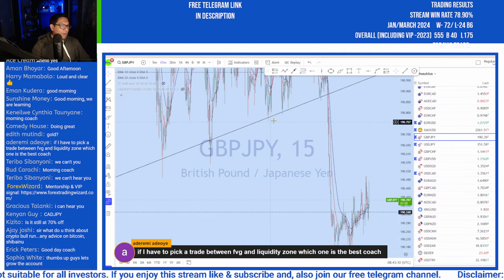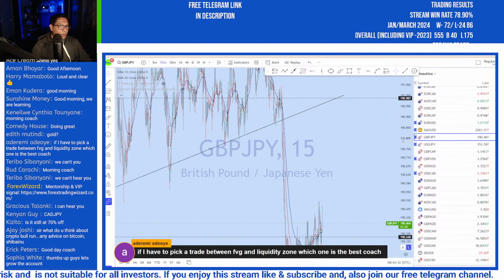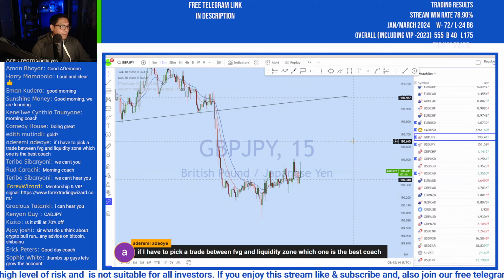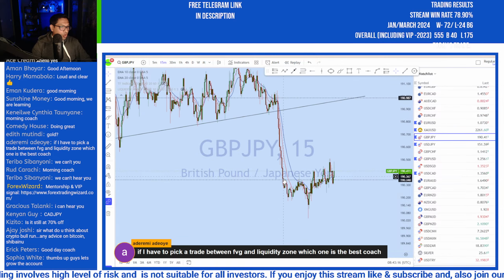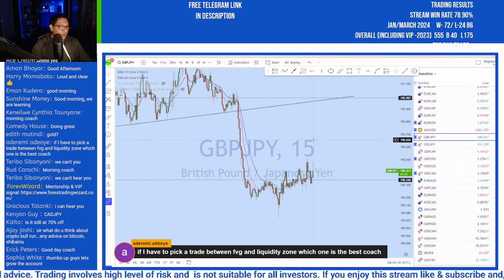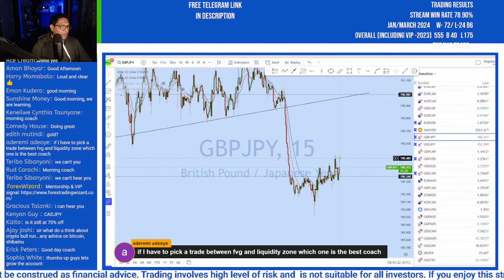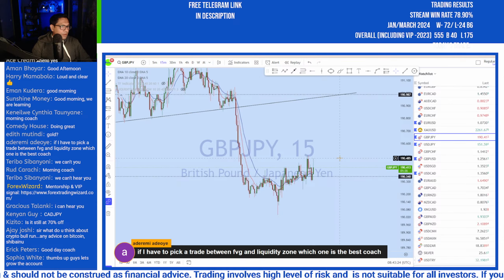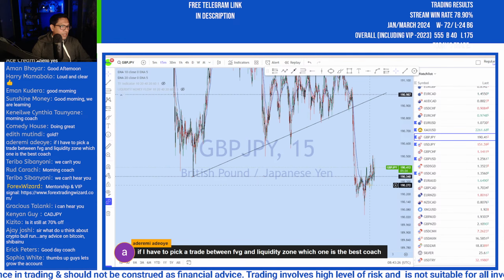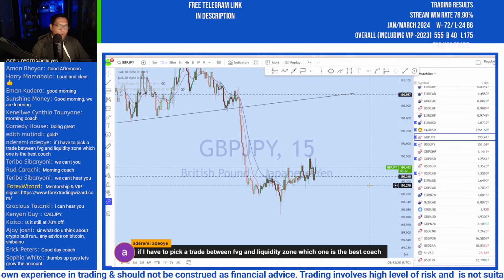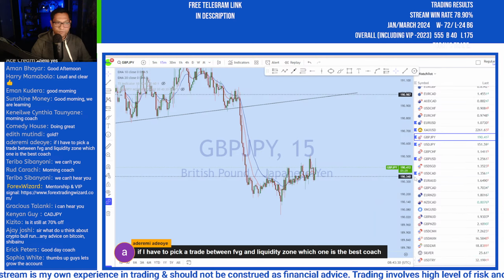And because the market has broken that support completely, we have seen a big drop, a huge fair value gap. There's a huge imbalance here, and so I'm expecting the market to go ahead and fill that imbalance.